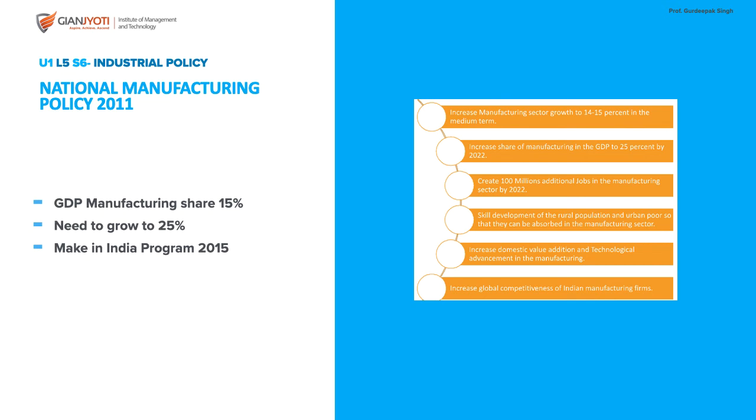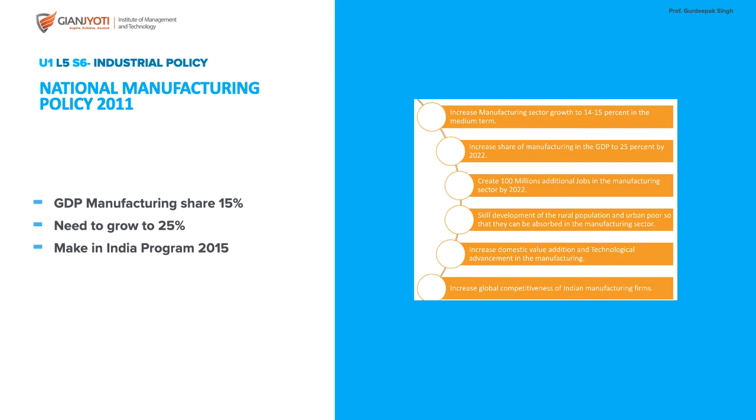If you look at countries like China, Japan, Germany, their manufacturing share is above 25% of the GDP. So India came up with a national manufacturing policy, specifically in 2011, where they kept these 6 objectives.